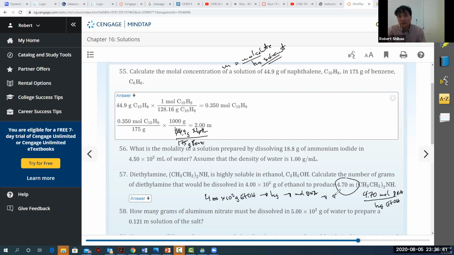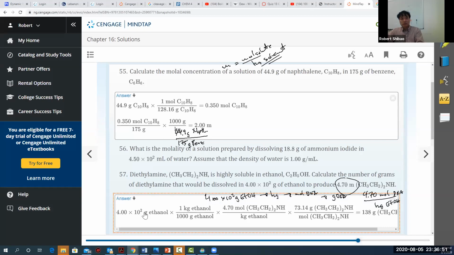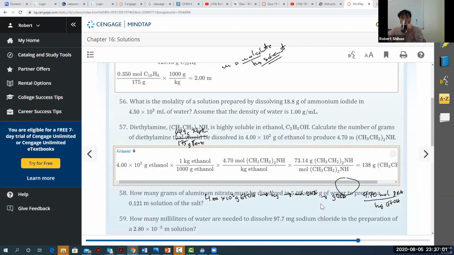So I'll have to look up the molar mass of diethylamine later, but we can find it in this problem here, or calculate it. And so they're going from grams of ethanol to kilograms of ethanol, kilograms of ethanol to moles of diethylamine to grams using the molar mass. And that gives it to us here.